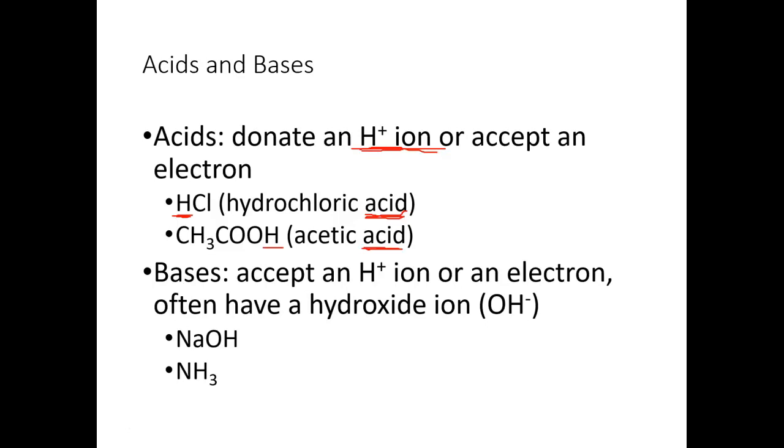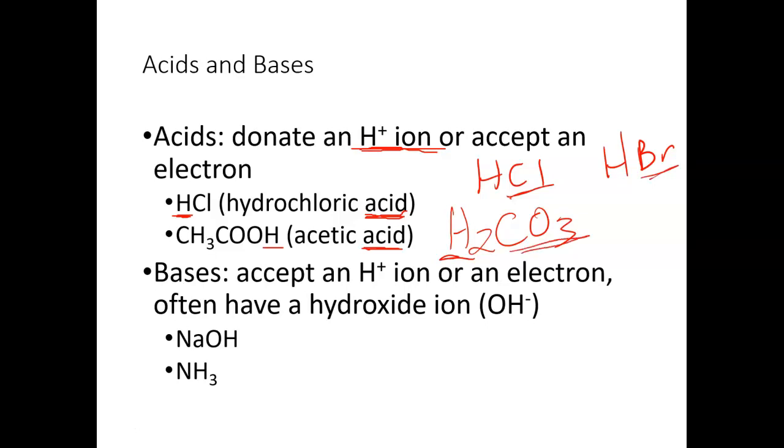So you have your HCl, HBr, H2CO3. So notice we've got a hydrogen ion that's first and with a negative ion, so chloride ion, bromide ion, carbonate ion. So do be careful that it can be either a single ion or it can be a polyatomic ion.